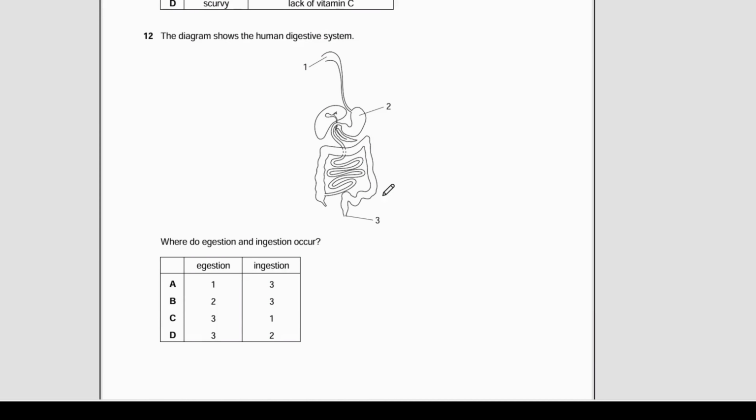Okay, human digestive system is given. Where do egestion and ingestion occur? The first part is for ingestion, and the last part is for egestion, right? This is ingestion. This is egestion.